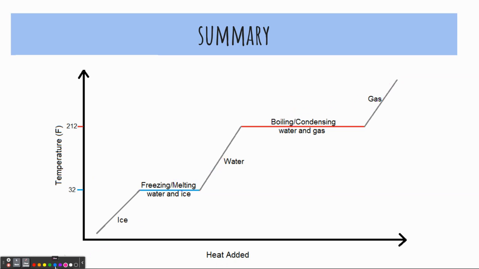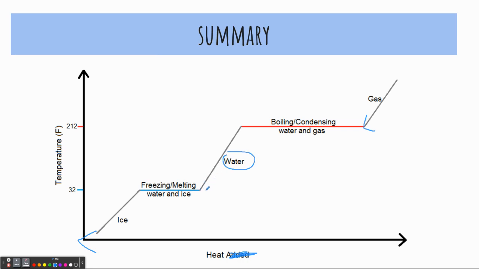And then if we did the opposite and cooled it down, so we'll cross this out, we're making it colder, right? We're removing heat. That gas will condense. We're lowering the temperature, and it's going to condense enough to turn into water.